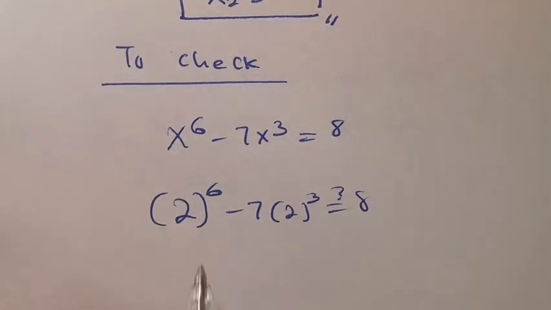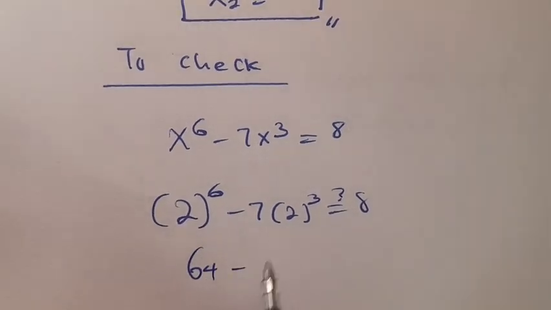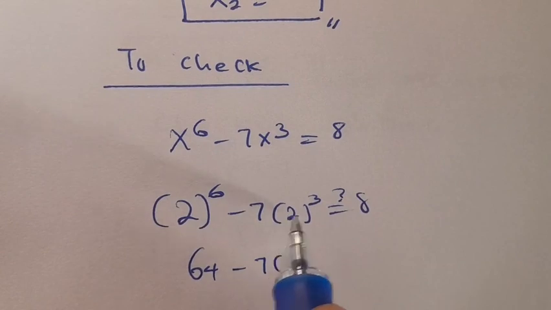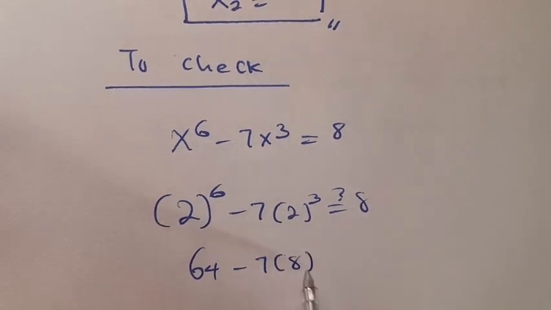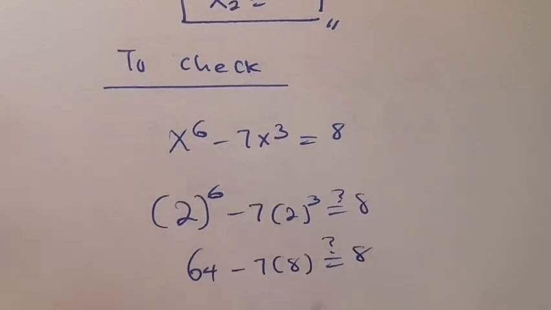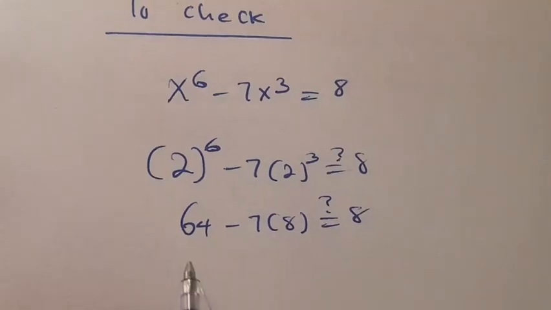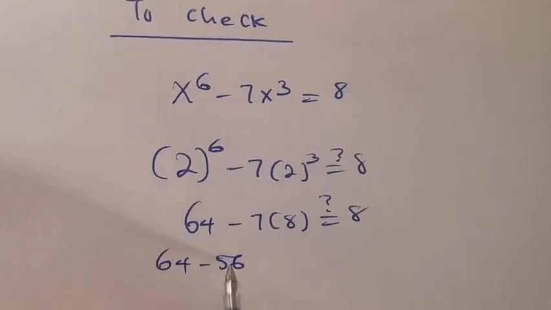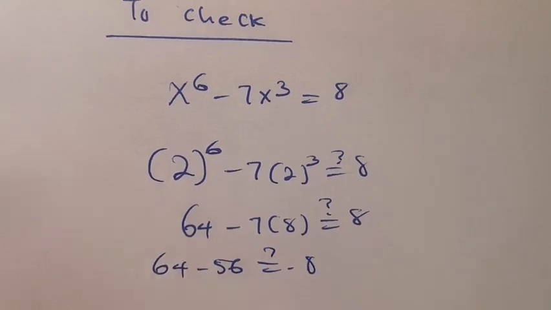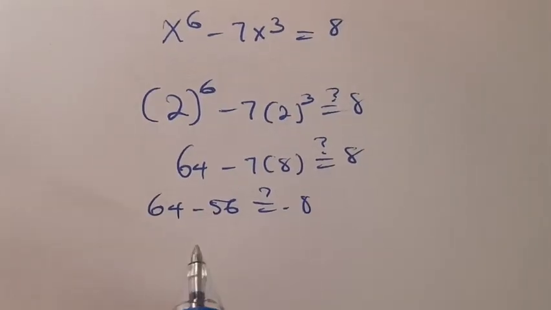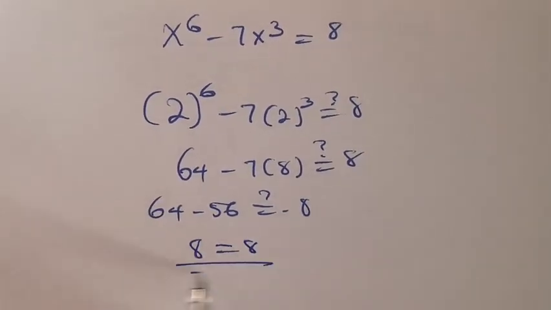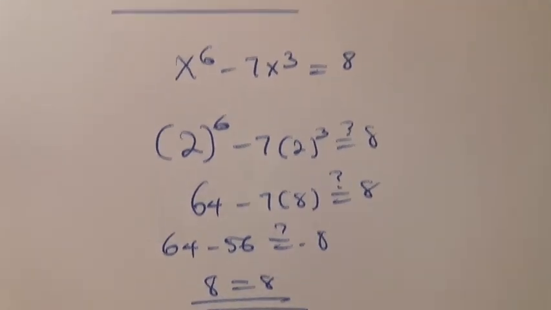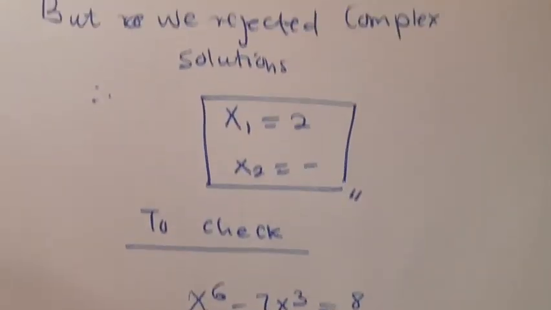You have 64 minus 7 multiplied by 8, then it's going to be equals 8. Then we have 64 minus 56, equals 8. 8 equals 8. This is true for the value of x equals 2.